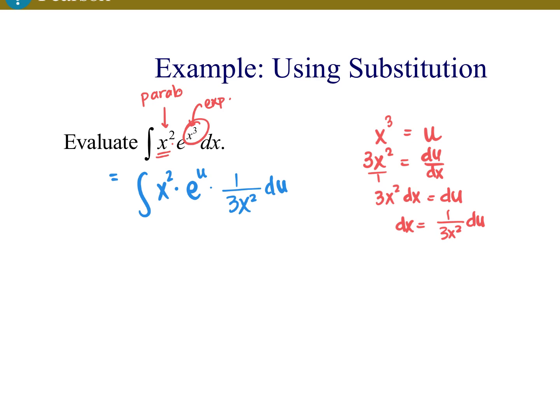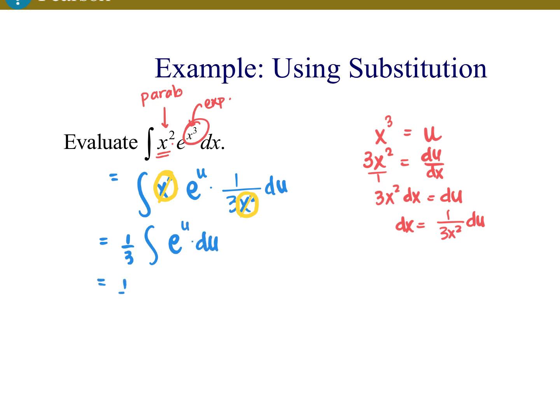See what happens here is that this x squared is going to ultimately reduce the first x squared. That's why we chose the cubic: so its derivative would help us reduce the x squared. What this ends up to be is the 1/3 as a constant pulled out to the front, and we're left with e to the u times du.